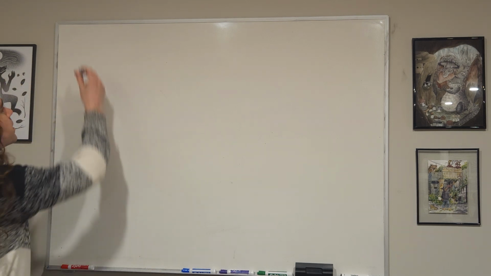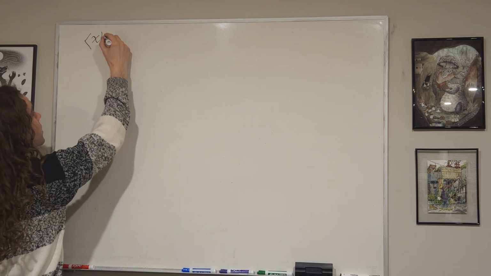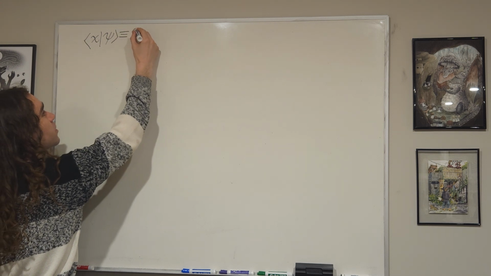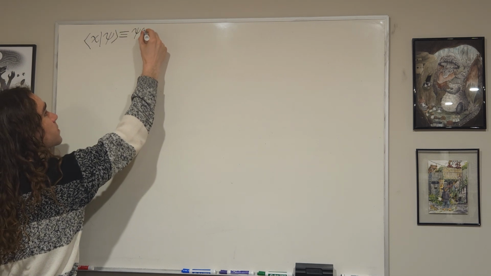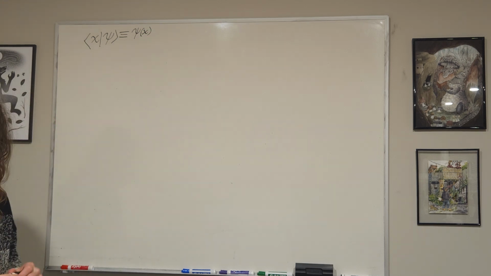I'll always use the following convention that we define the wave function in terms of its presentation in Bra-Ket notation. So we define what's on the right here in terms of what's on the left.